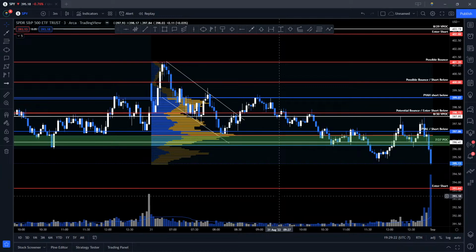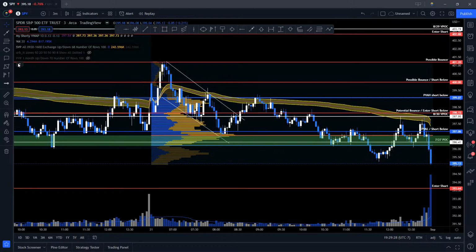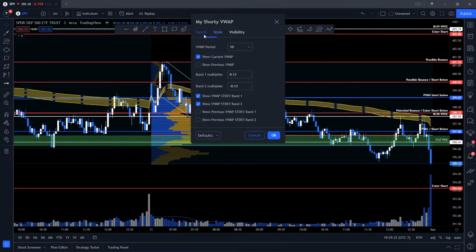As you can see by my chart, this is literally what I look at. I have VWAP. I use a VWAP cloud. The band multiplier is 0.13.